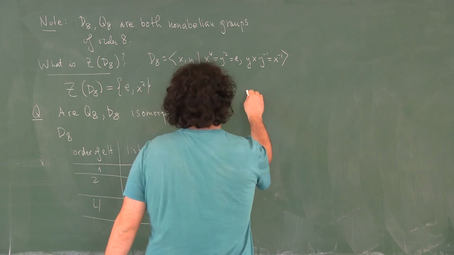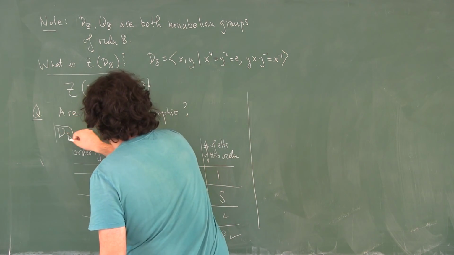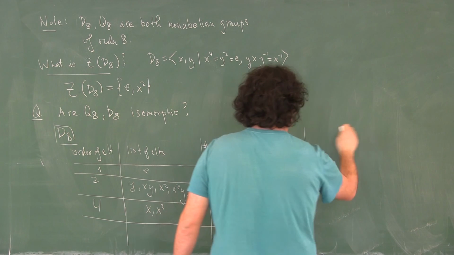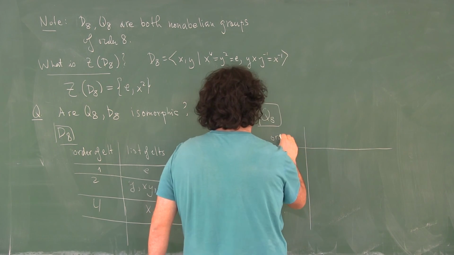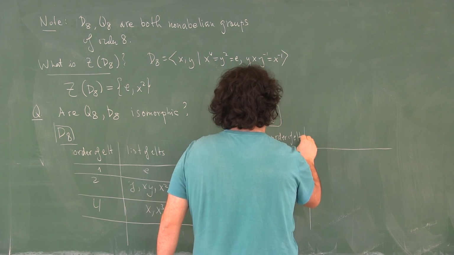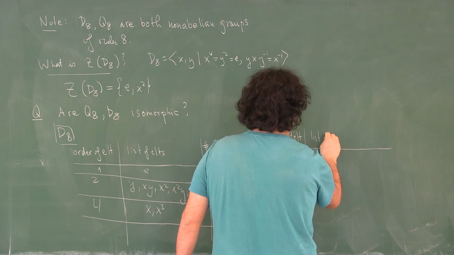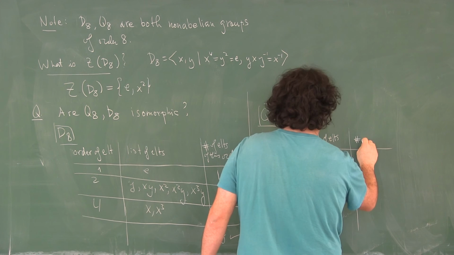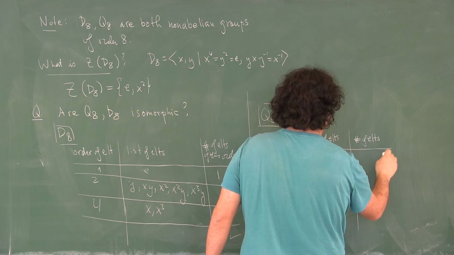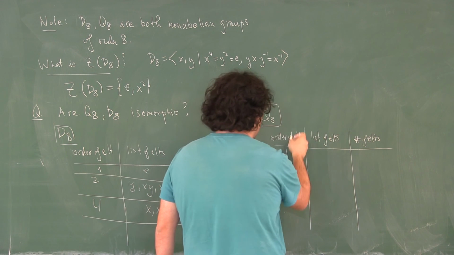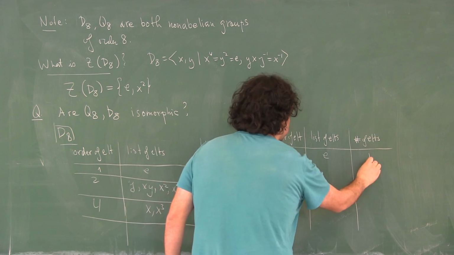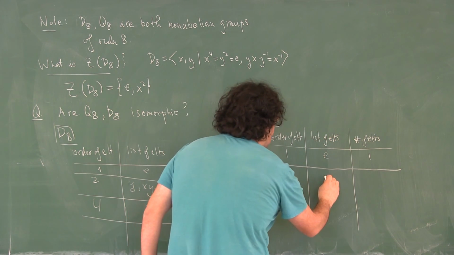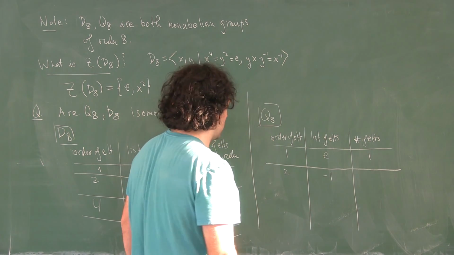Now let's do the same thing for the Quaternion group of order 8. So I have the order of the element, the list of elements, and the number of elements. Again, if the order is 1, then it's the identity. If the order is 2, in this case, it's just the element minus 1.